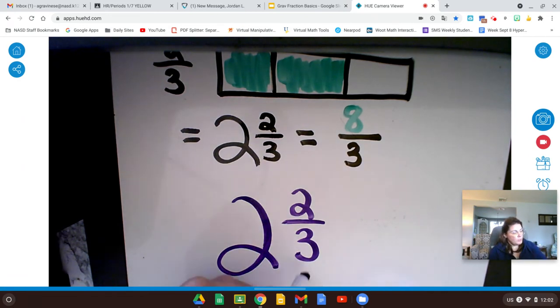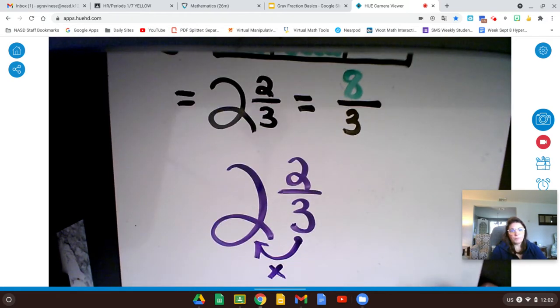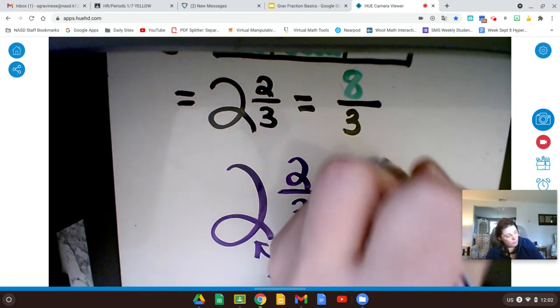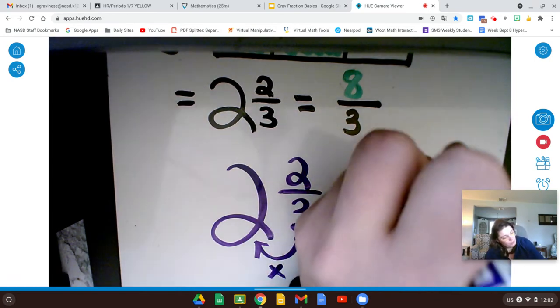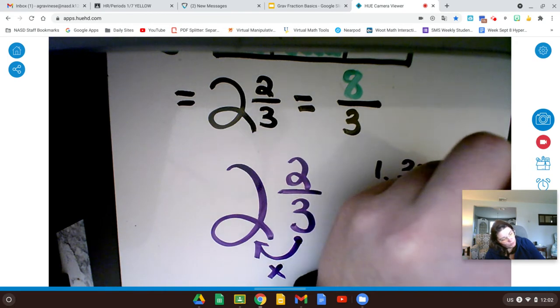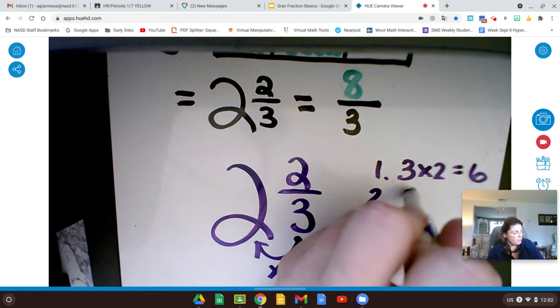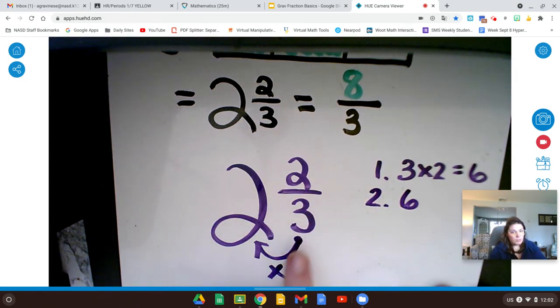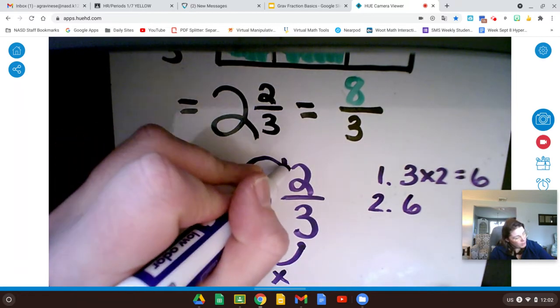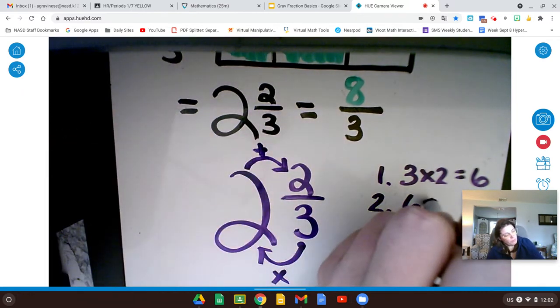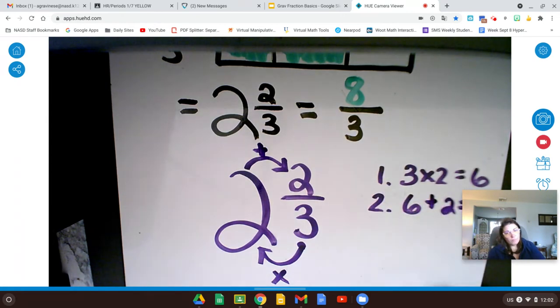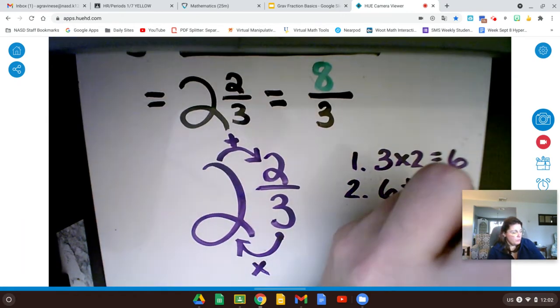Step 1, take your denominator and multiply it by your whole number. So our step 1 is to take 3 times 2, and that equals 6. And we hold that 6 in our head because our next step is to take that product and add in your numerator. And 6 plus 2 gives us 8.